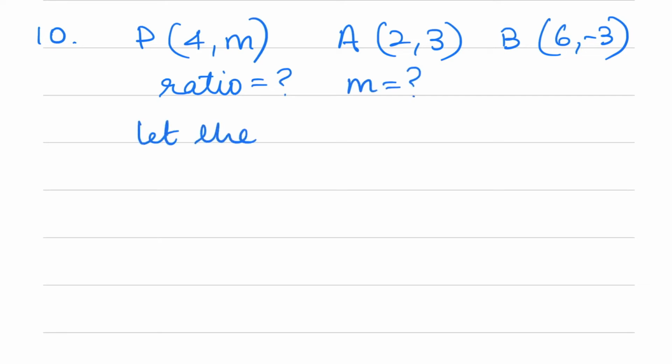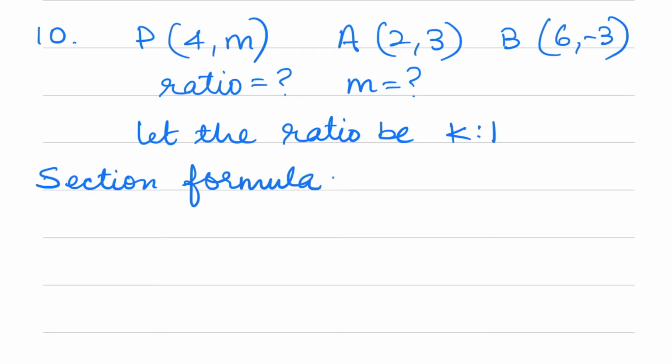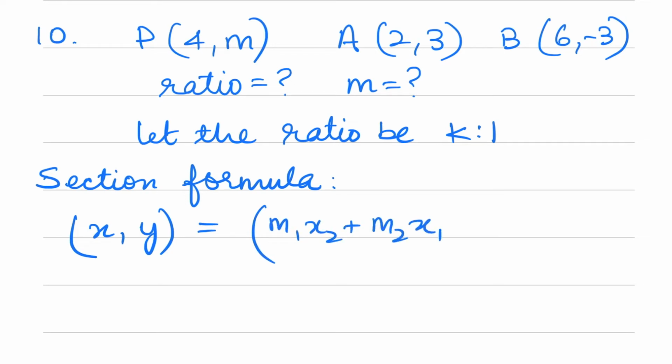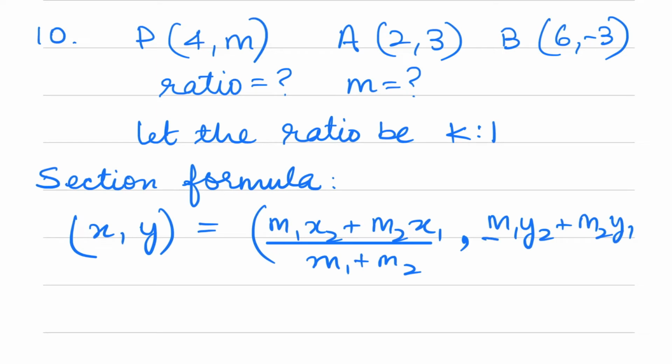Let the ratio be k is to 1 and we are going to use the section formula. So the section formula is, the coordinates of the point which divides the line segment would be equal to m1 x2 plus m2 x1 divided by m1 plus m2, and the y coordinate will be m1 y2 plus m2 y1 divided by m1 plus m2.